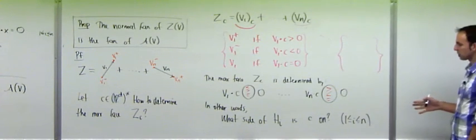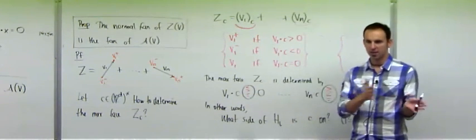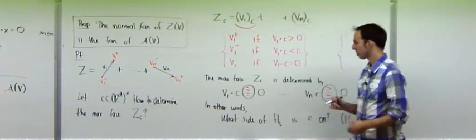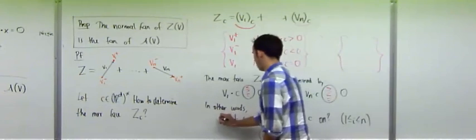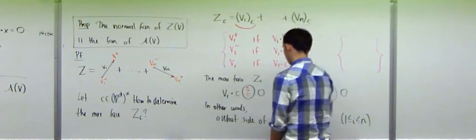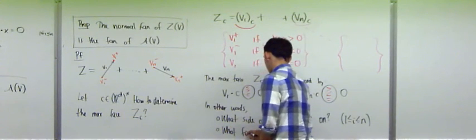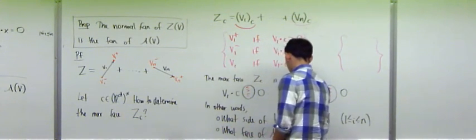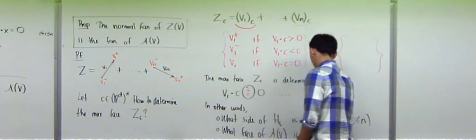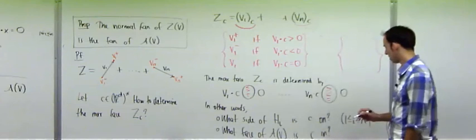But as we discussed last time, saying what side of each hyperplane you're on is exactly describing a phase for you. Okay? In other words, what phase of the arrangement is C in? Okay?